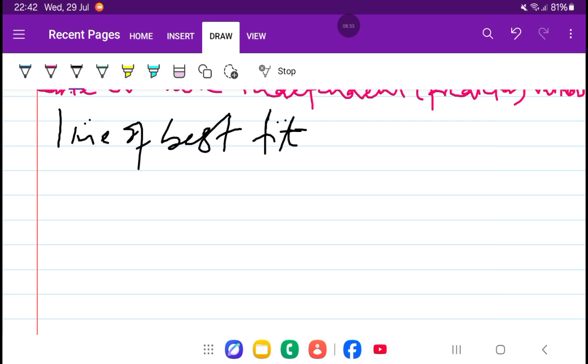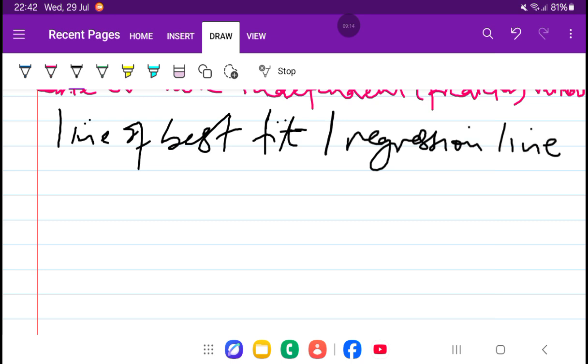Now, that line of best fit, the line that fits those different data sets, is a straight line, what we call the regression line.